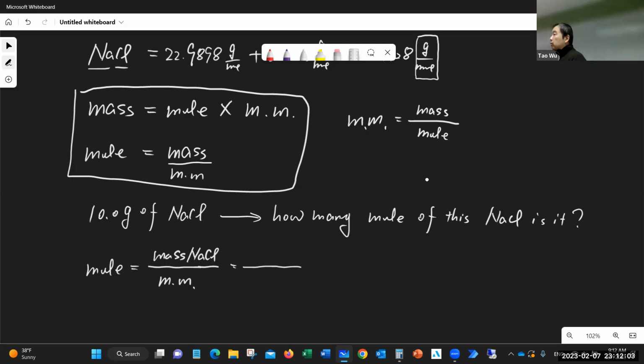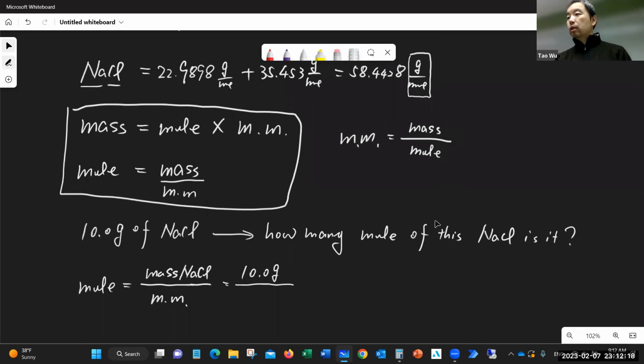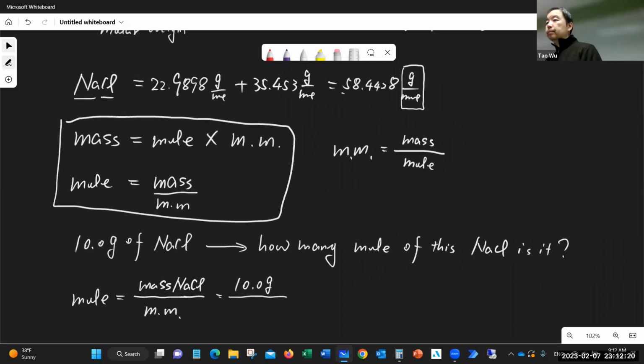So the mass of the sodium chloride you have is 10.0 gram, divided by the molar mass of sodium chloride, which is 58.4428. And this unit is gram per mole.